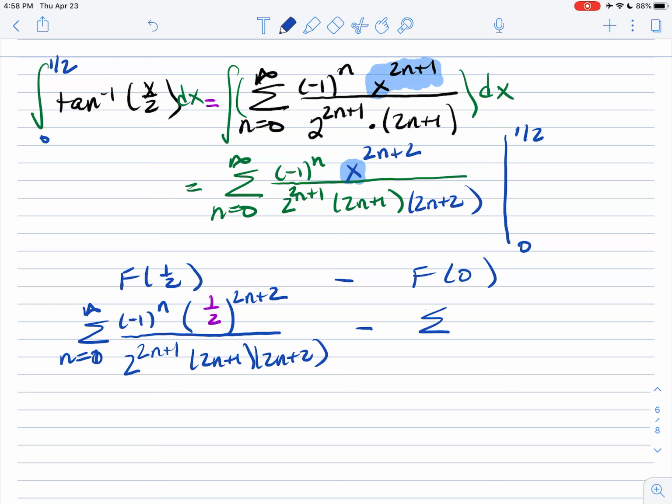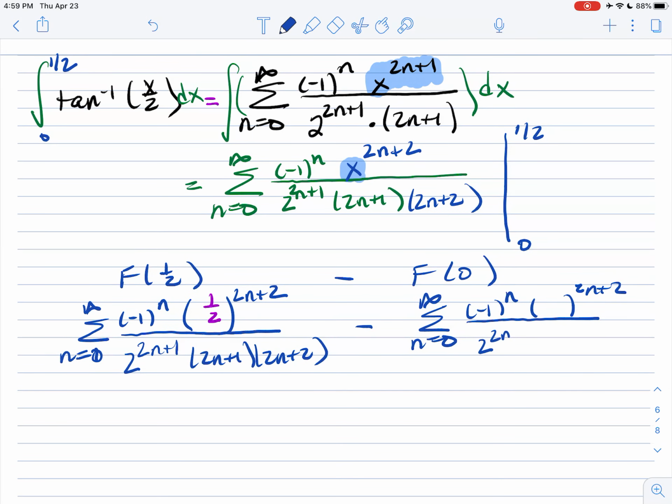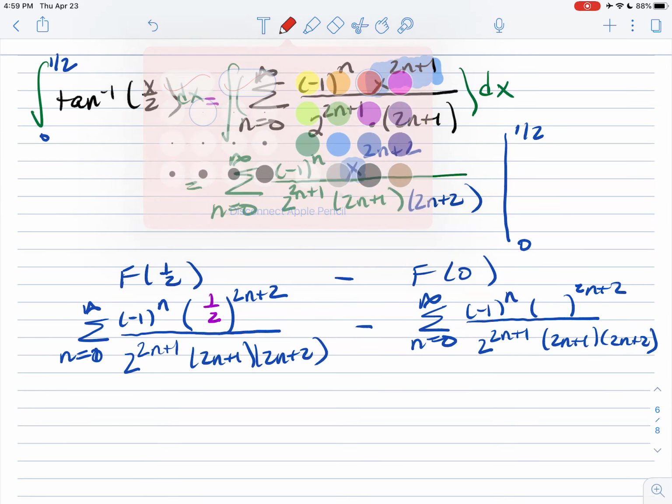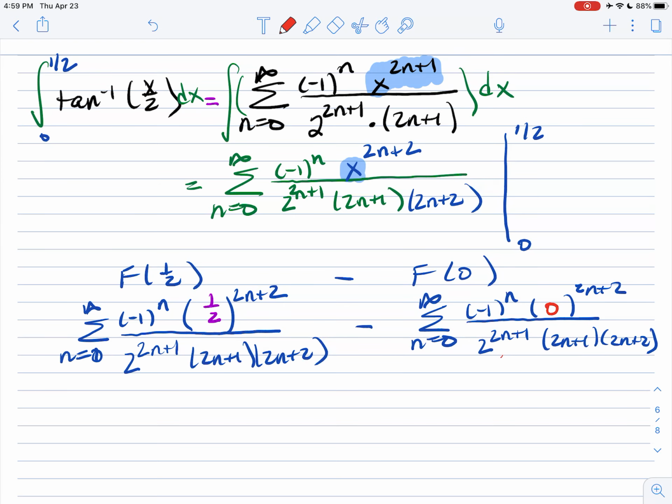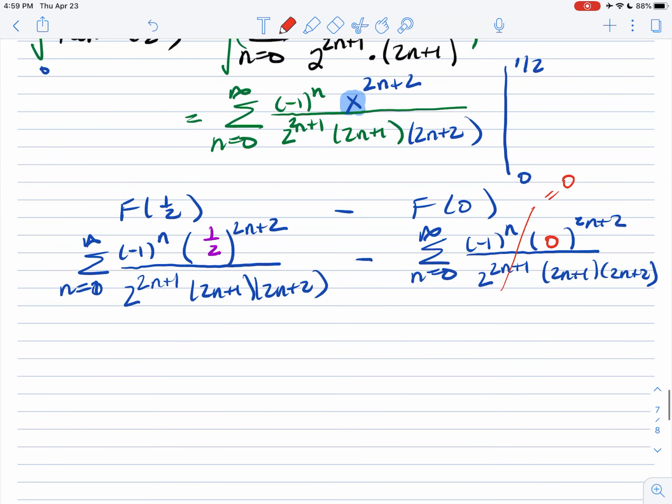Take away, and then we actually have, since x is going to be 0 here, we're going to end up with just, this one is going to equal 0.